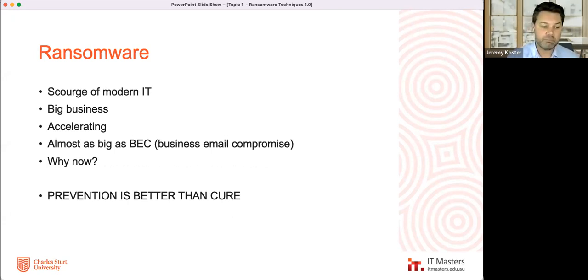It is making organizations think differently about security, and it is becoming a stress for organizational leaders, and it's accelerating. Anywhere that a criminal organization is making money is only going to fund more of that activity.